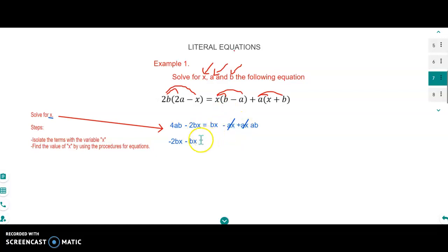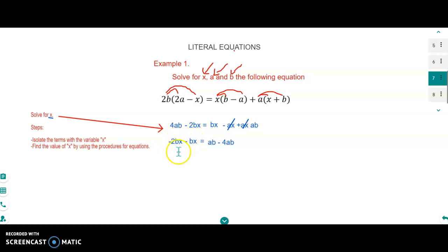And here we have equals, we have ab, and this term 4ab comes to the other side with the opposite sign, will be minus 4ab. So it will be ab minus 4ab, all right?